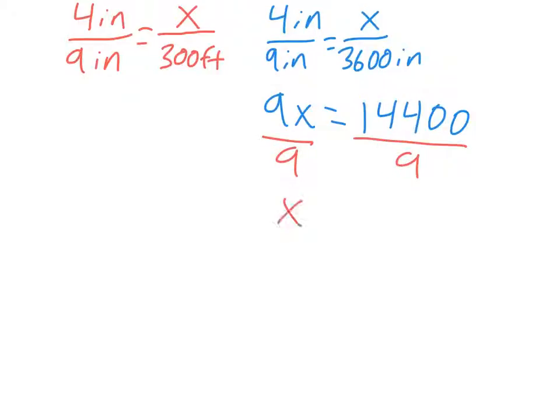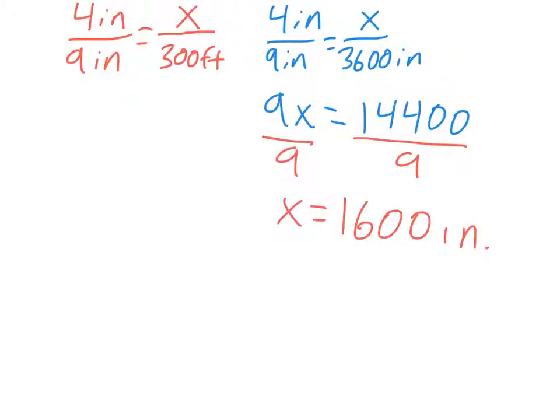And we'll get our final answer as x equals 1,600. And remember, we were in inches, so it's 1,600 inches. And if they wanted you to convert it to feet, you could do that by dividing the whole thing by 12. But in this case, we can just leave it in inches. So the length of our actual town is 1,600 inches.